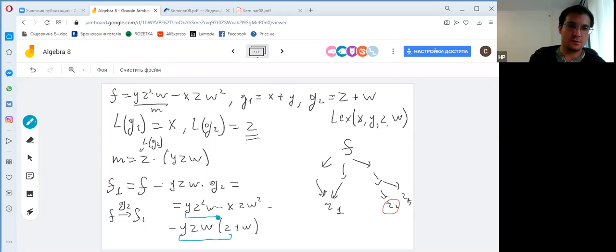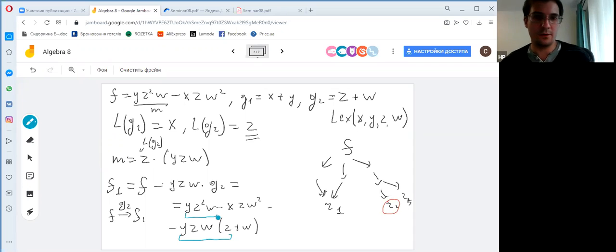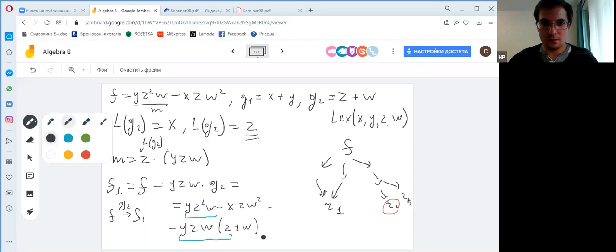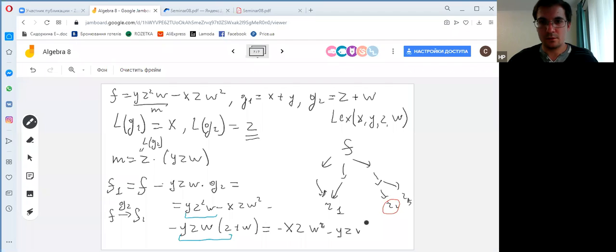This is the rule that this monomial M should vanish by this reduction. So this equals minus x z w squared minus y z w squared. Okay, this is the first result.